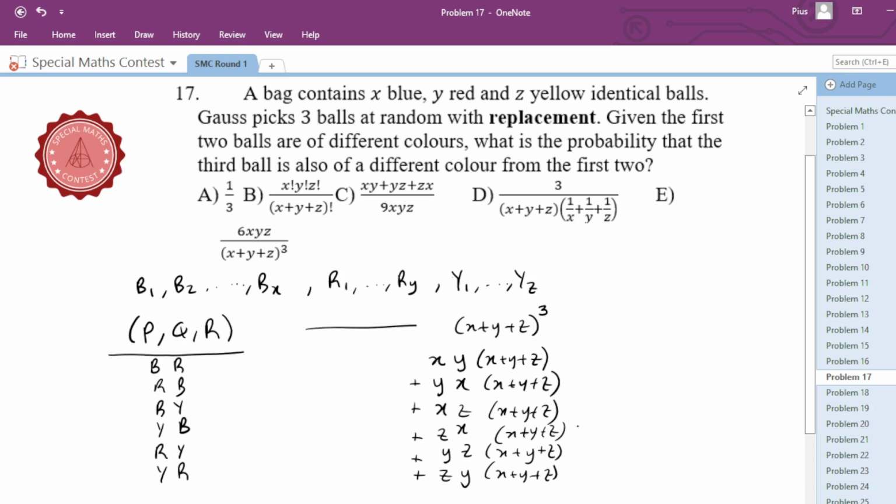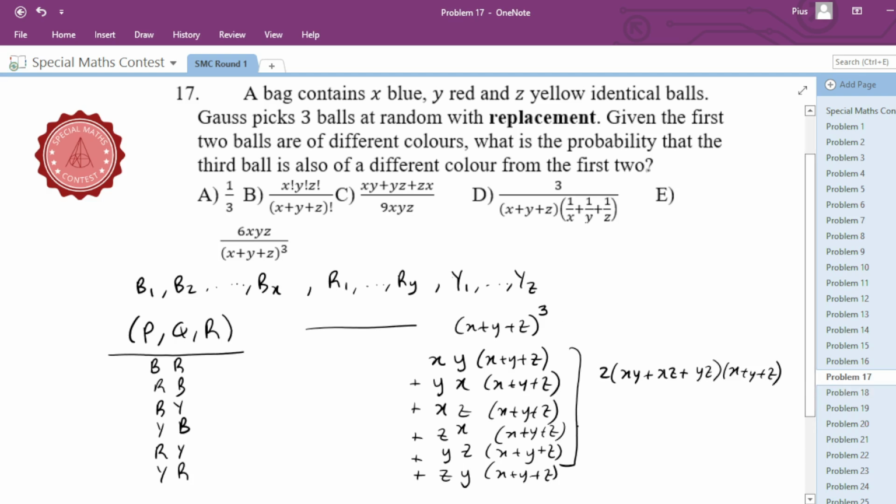Clearly we can factorize, and we see that some of these terms repeat twice each. So this will just be 2 times (xy plus xz plus yz) times (x plus y plus z). This is the new sample space.